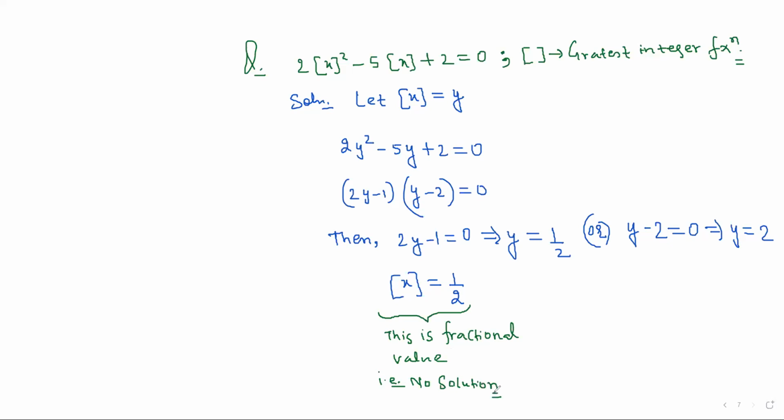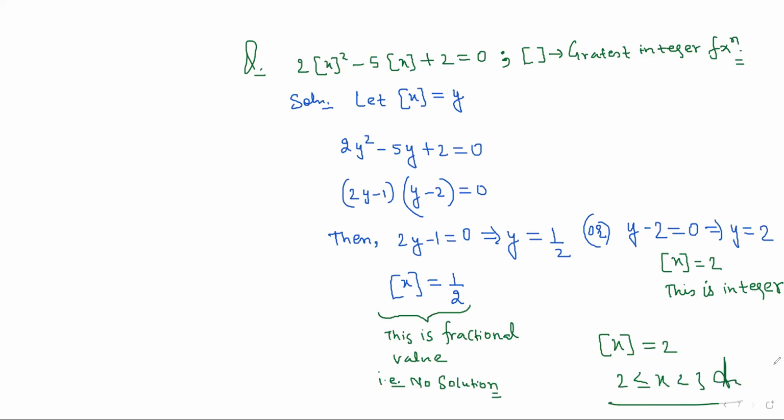And this is integer: y is equal to 2. So greatest integer function of x is equal to 2 means what? x should lie between 2 to 3.